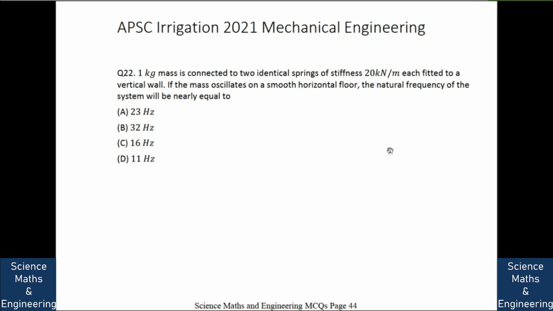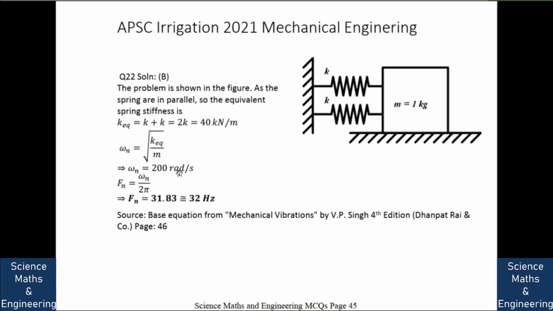So the answer is B, 32 Hz. Here we have the springs, they are connected to a vertical wall, and we have this mass that is on a horizontal smooth surface. Now the equivalent K would be equal to K plus K, which is twice K, which is now 40 kilonewton per meter.